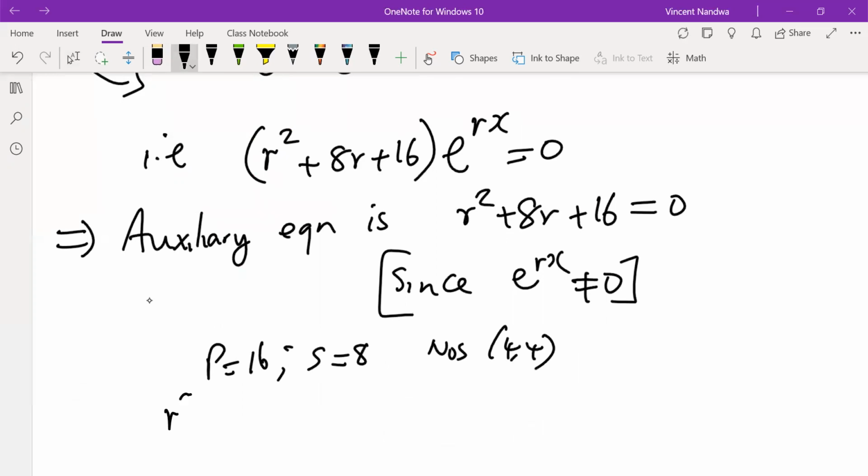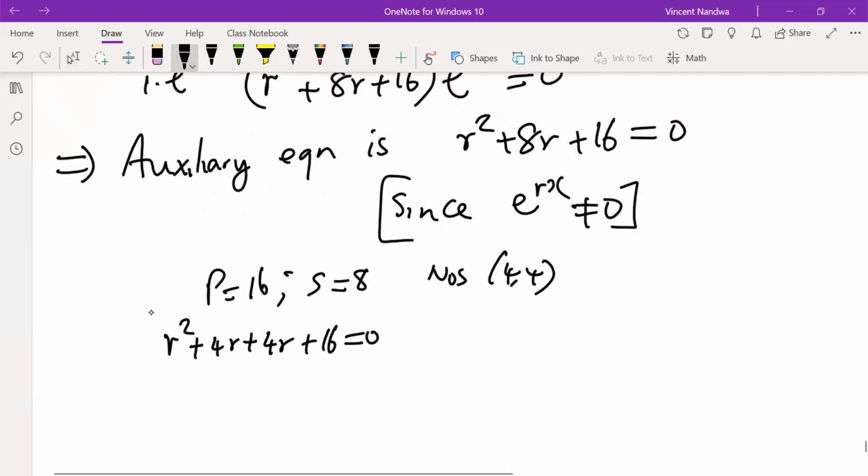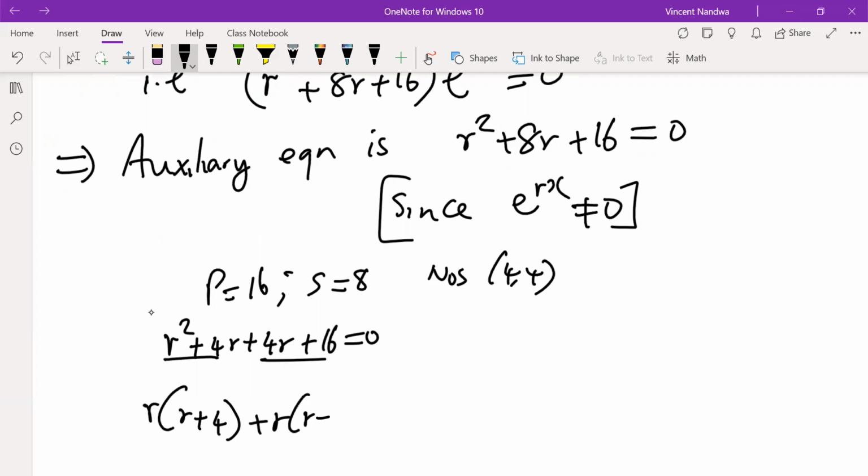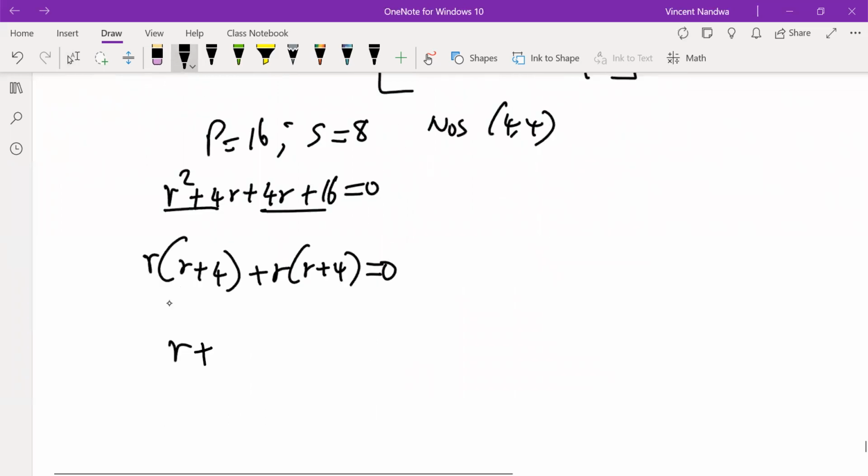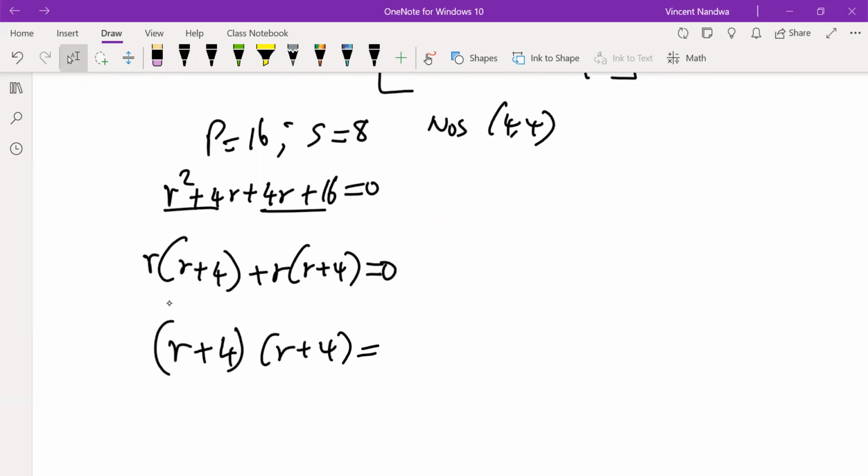So I'll have r² plus 4r plus 4r plus 16 equals 0. So here we have (r plus 4)(r plus 4) equals 0. So r plus 4 equals 0, so r equals -4 and -4.